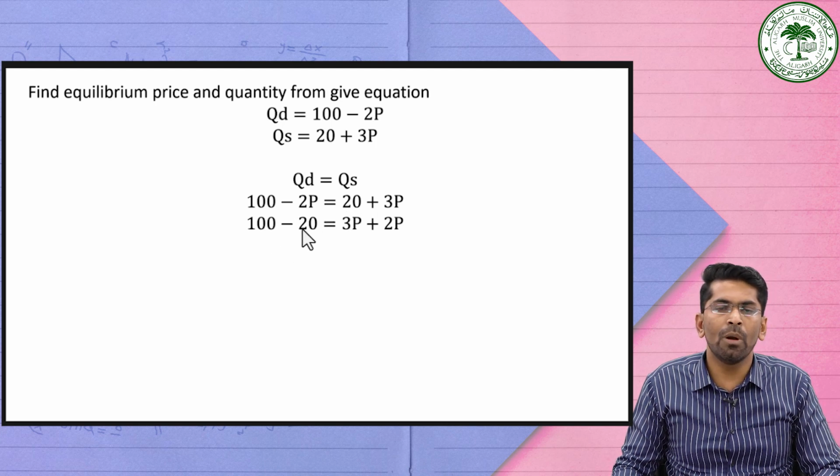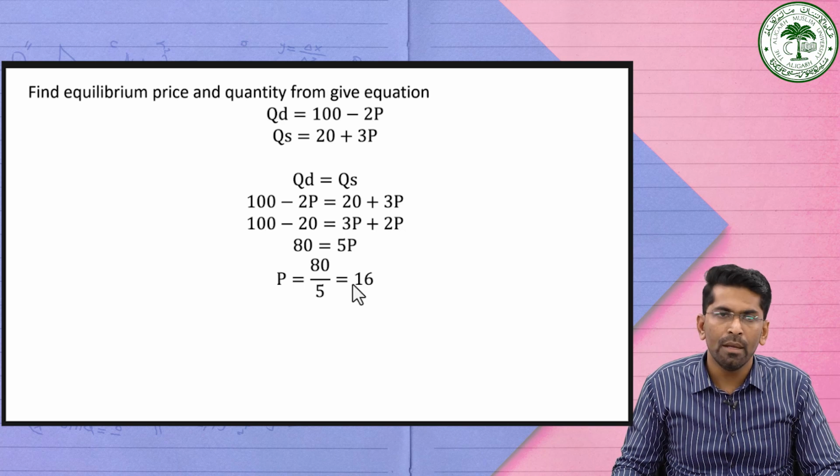Solving it, 100 minus 20 is 80, 3P plus 2P is equal to 5P. Then dividing both sides of the equation by 5, it is 80 divided by 5, which is equal to 16. So this P shows the equilibrium price which is prevailing in the market.